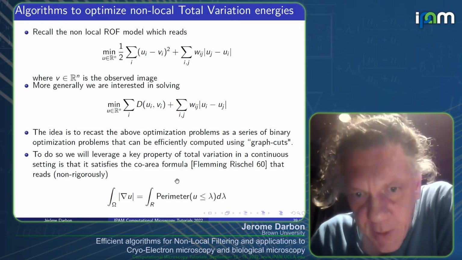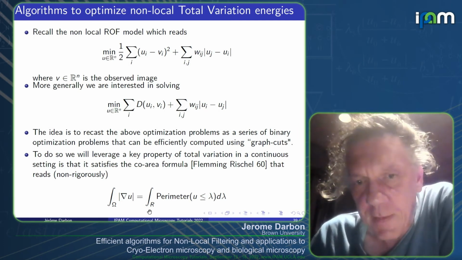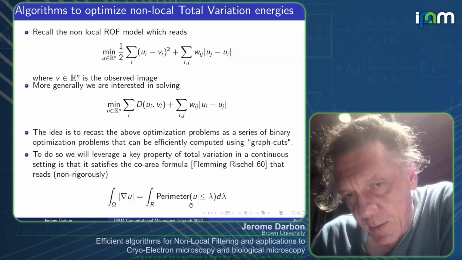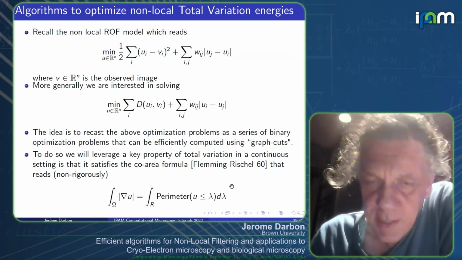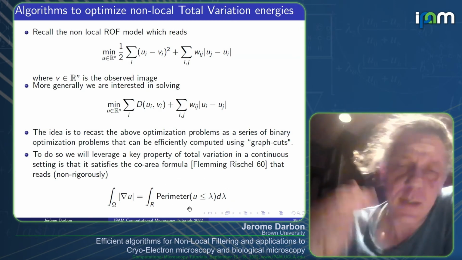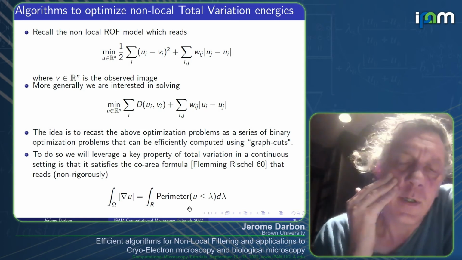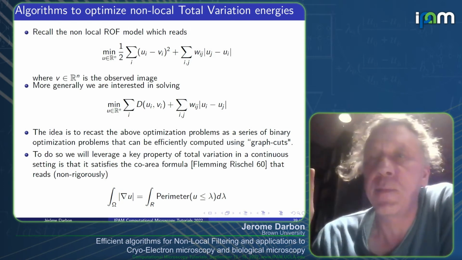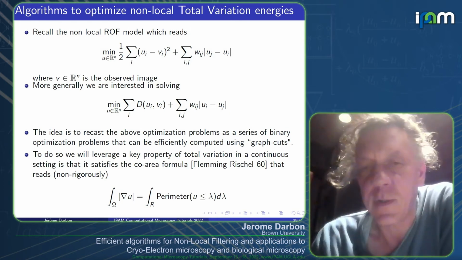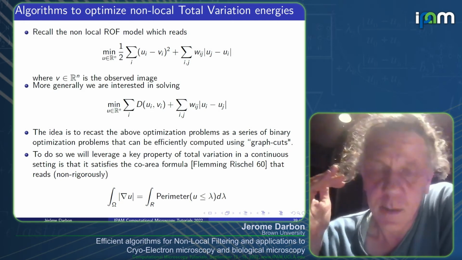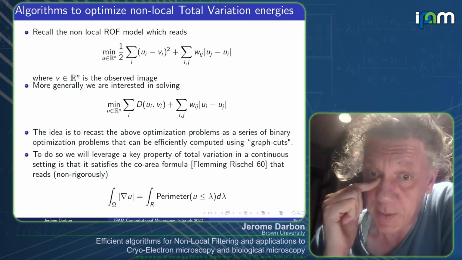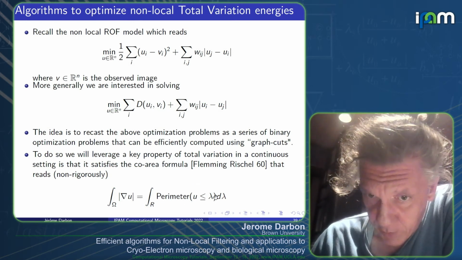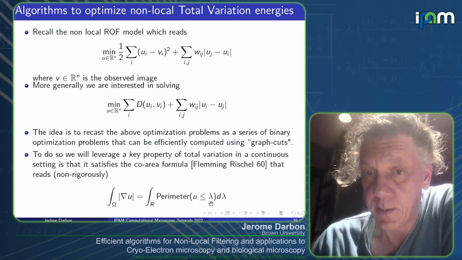And what Fleming and Rishel proved is that the value of the total variation is exactly the following quantity. You take your function, or your image u, and you threshold it at some level lambda. That gives you a set. Now, on this set, you compute the perimeter of the lower level set of u at lambda.